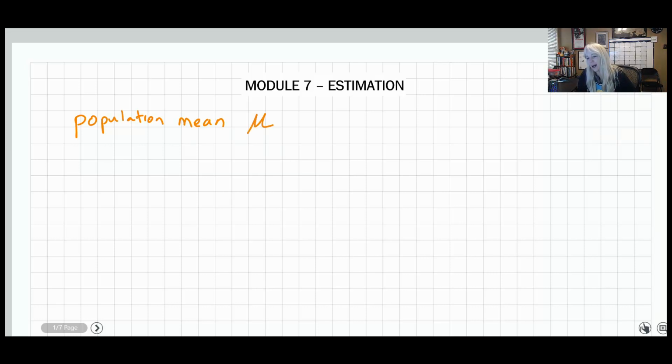Because we don't know the true population, we use estimators. Our one-point estimator for the population mean is the sample mean, which we call X bar.